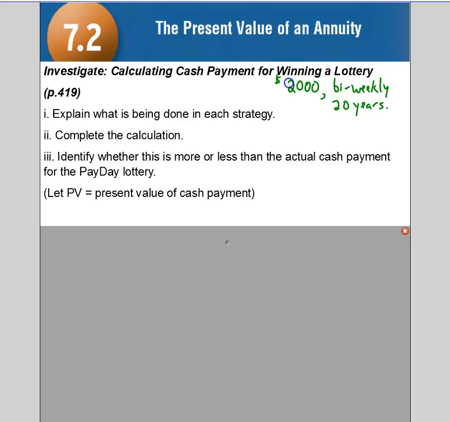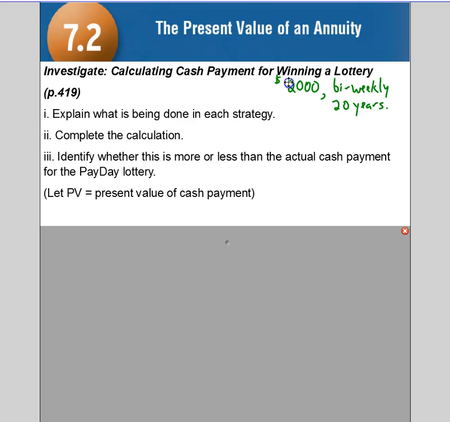In this case, the money is not being invested every 2 weeks for 20 years. It's money that's going to be paid out to the winner. What we're exploring here is what would be the equivalent cash payment given to you right now that would be equivalent to an investment earning compound interest and providing for those payments over time.